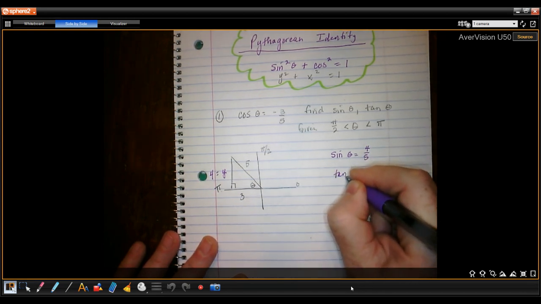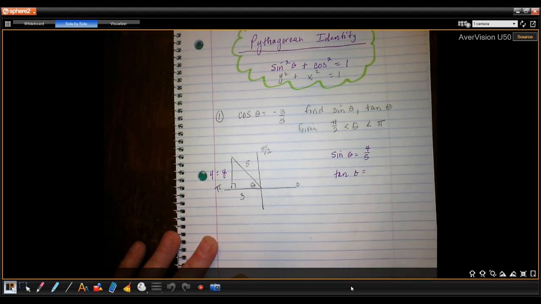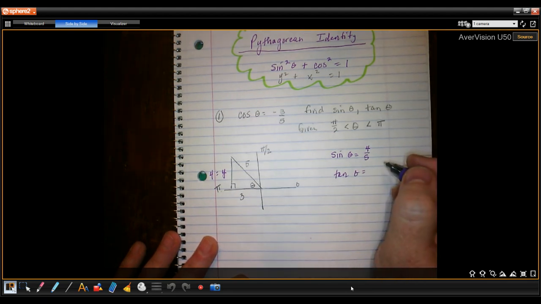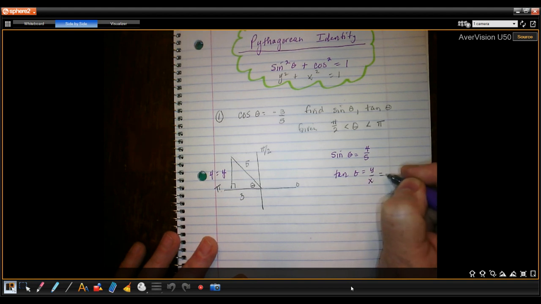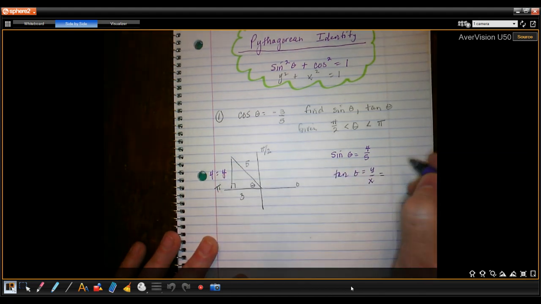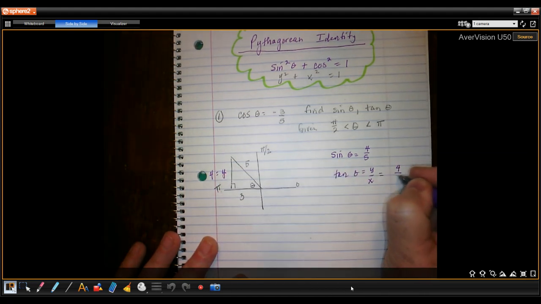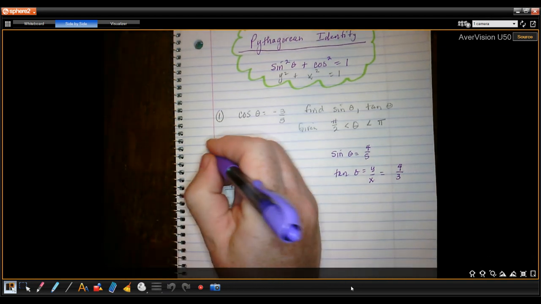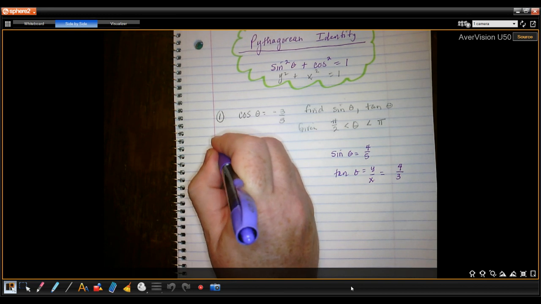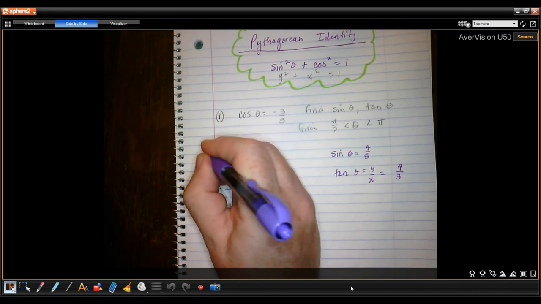Then tangent theta is what? y over x. So y over x is going to be what? 4 over 3. Here's the part that you need to go back and check. In this quadrant, x is negative, y is positive, right?